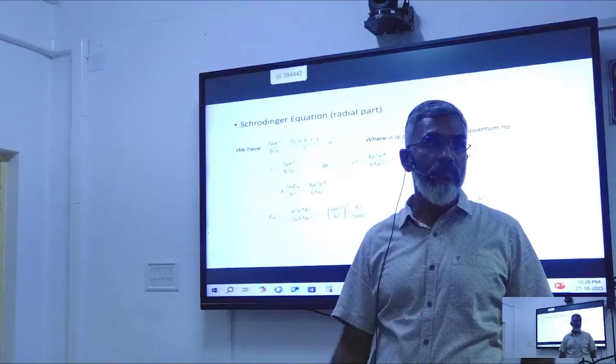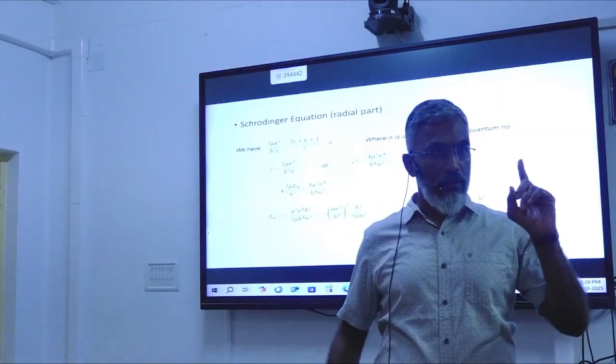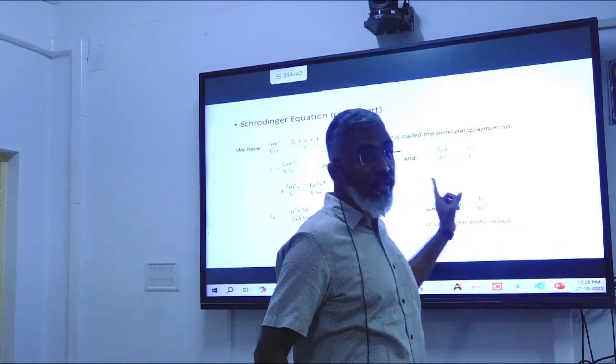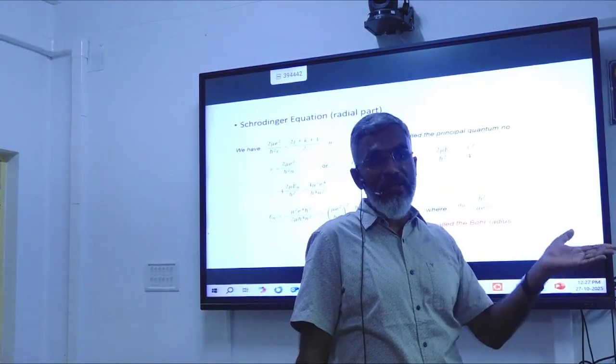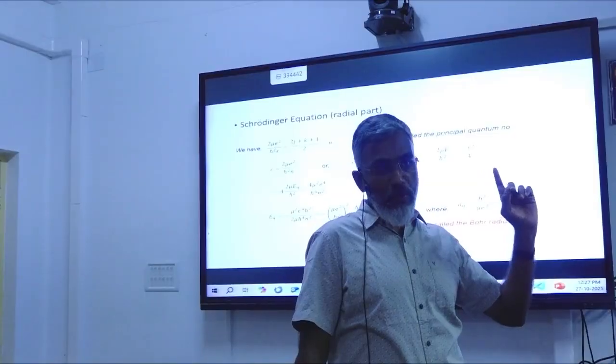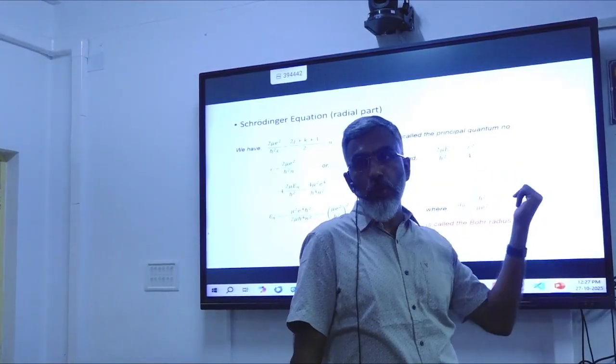We also covered the solutions of the hydrogen atom to hydrogen-like ions. Yes, this one you can use for that. Here we have not included Z, and the mu depends on the reduced mass. The difference is the mu and the e squared. e squared is the charge, and for hydrogen we say it's e itself, right? But suppose it's helium, then you have Z equal to 2, and so on.